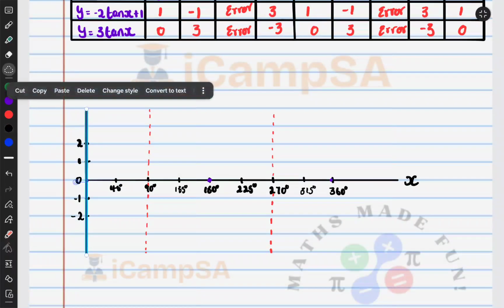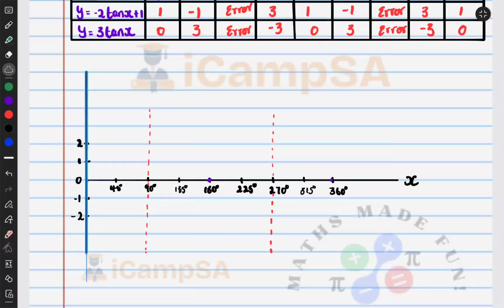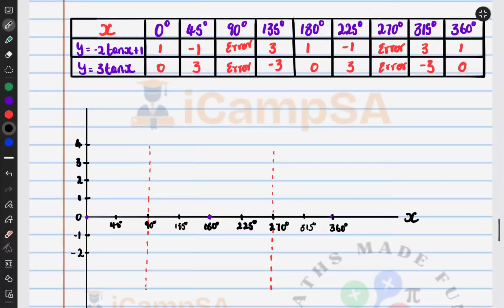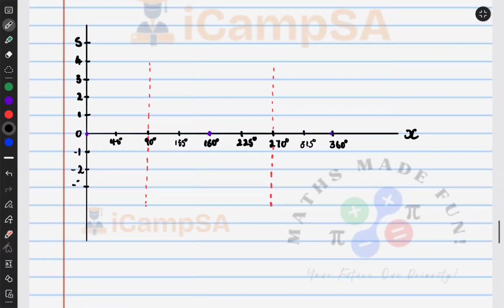Let me extend this one and add more values: 3, 4, 5, and negative 3, negative 4, negative 5. And then extend our asymptotes.